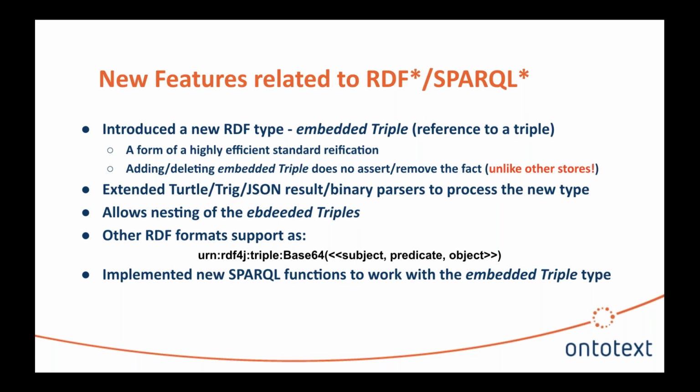And now we introduce a new one, which is the embedded triple, which has exactly the meaning of a reference to a triple, to another statement in the repository. So it has the same meaning as pointers in programming languages. This is not the statement itself, but a reference to the statement, which allows you to associate some metadata. Why did we decide to do this?